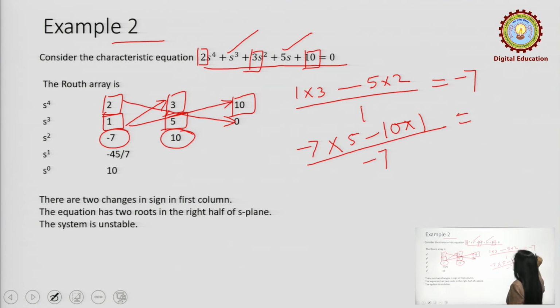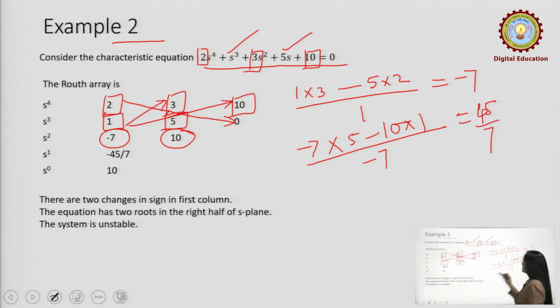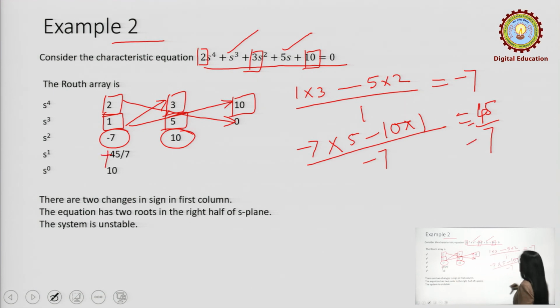So, this value comes out to be 45 by 7. Here we get minus 7 into 5 minus 1 into 10, upon minus 7, so we get minus 45 upon minus 7, which is a positive sign.